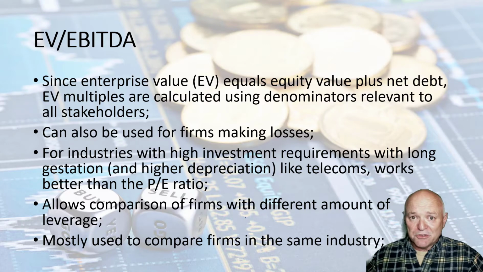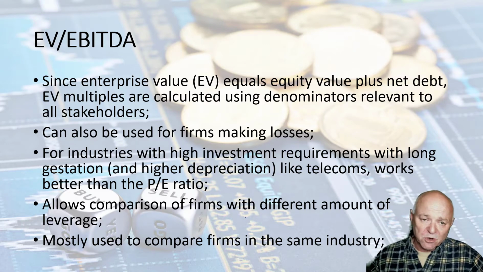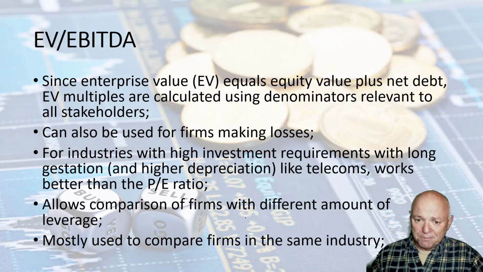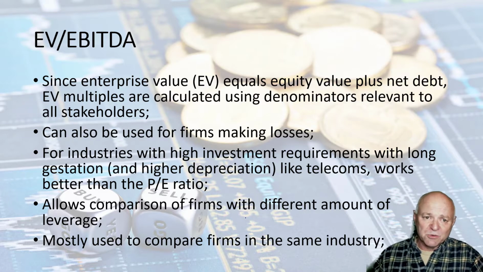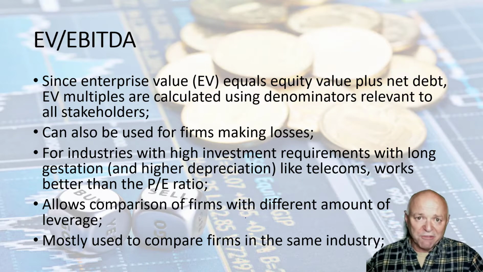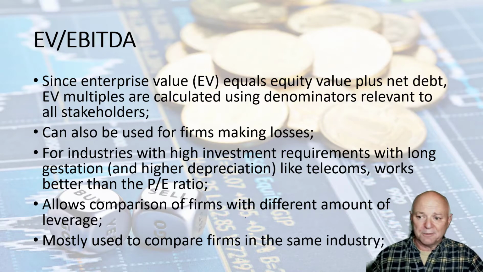It can also be used for a company that has negative net income or negative earnings per share, because quite often operating profits, especially after adding back depreciation, will typically be a positive number. But it can also be used for companies with negative EBITDA. For industries with very high investment requirements, in other words, very large amounts of depreciation, like telecom, those may work better.